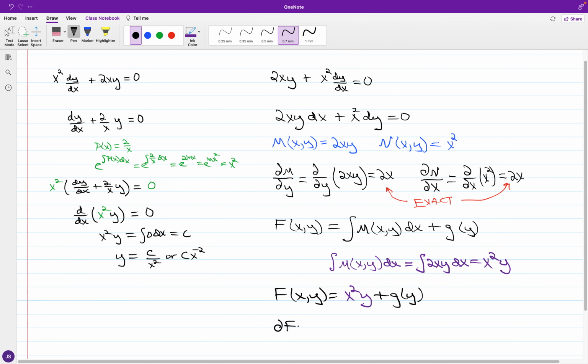And again we have the partial derivative of this function f with respect to y is equal to n of x and y.